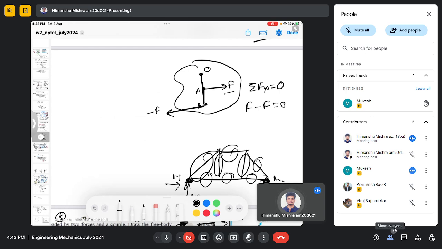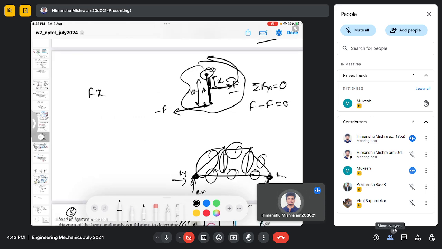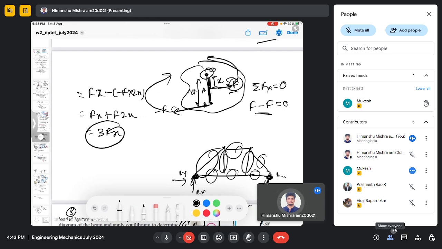But there is a moment because the distances are different. Let's say this is distance x and this is distance 2x. So you can see there is a moment about point O. There is a moment Fx from this force, and there is a moment minus F times 2x from the other. The magnitude of the net moment will be 3Fx, so there will be a finite moment, but there will be no net force at all.